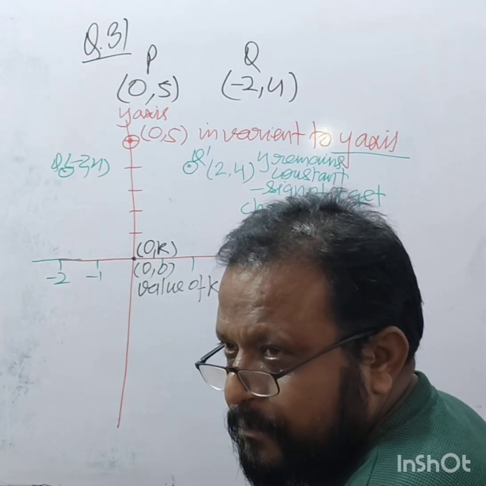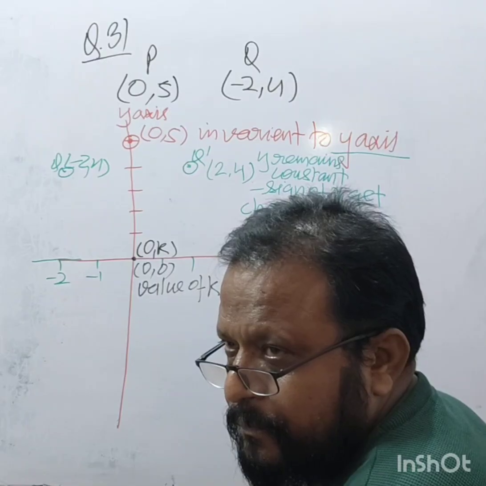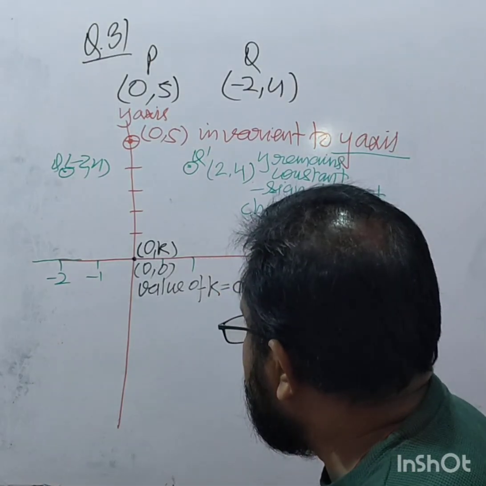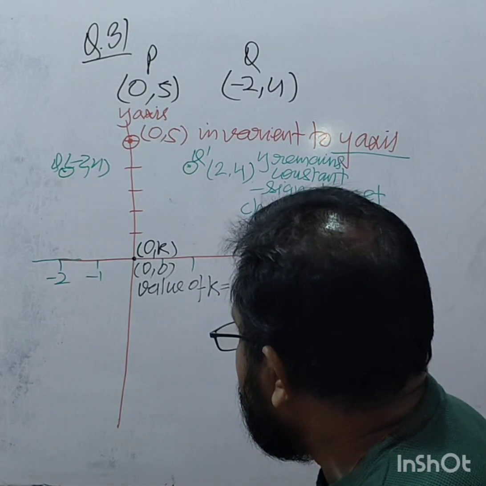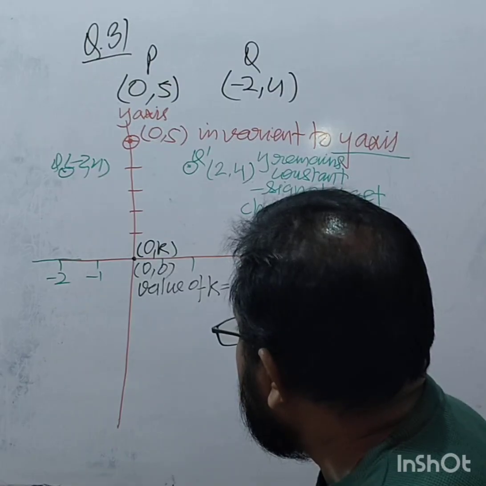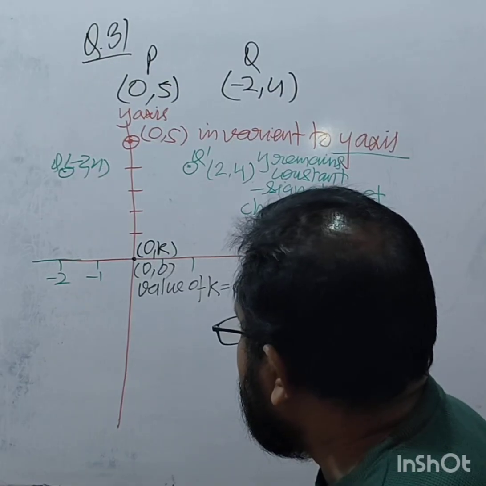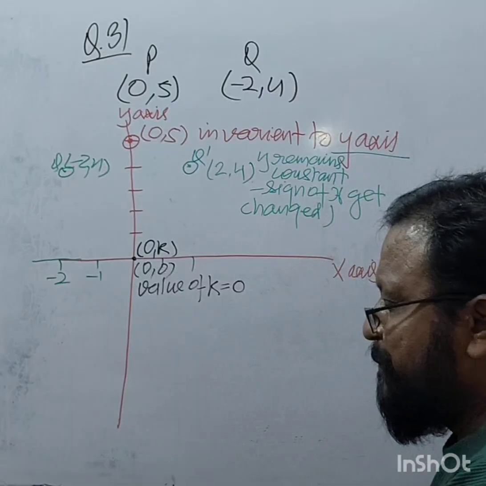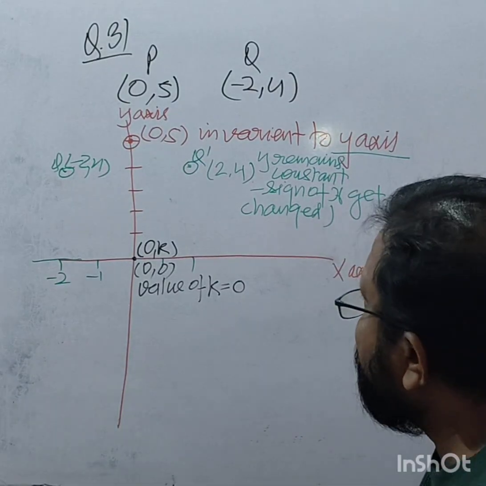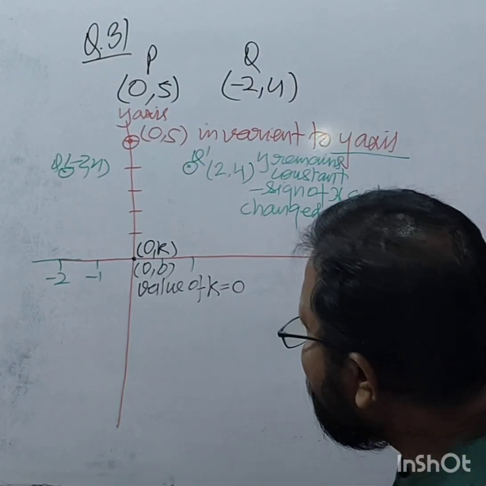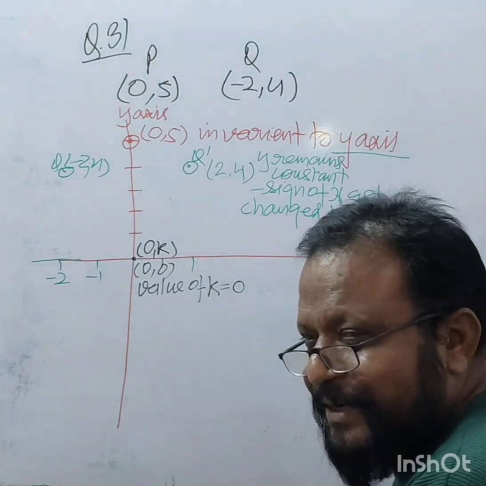Write the coordinates of the image of Q obtained by reflecting in the origin followed by reflection in the x-axis.